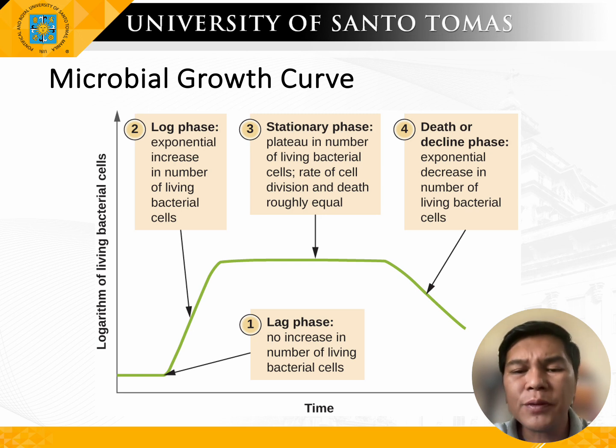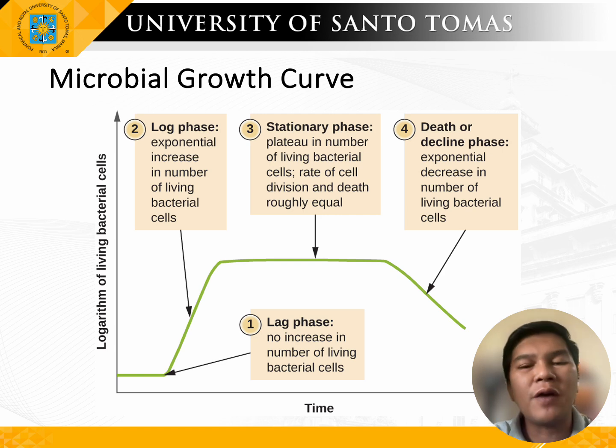However, sometime in the process, you will encounter the stationary phase, where there is a plateau in the number of living bacterial cells and the rate of division is roughly equal. Because you have been undergoing cell division for quite some time, there will be an increase in toxic substances and a decrease in the nutrients in the media. And because of that, there will be a stationary phase.